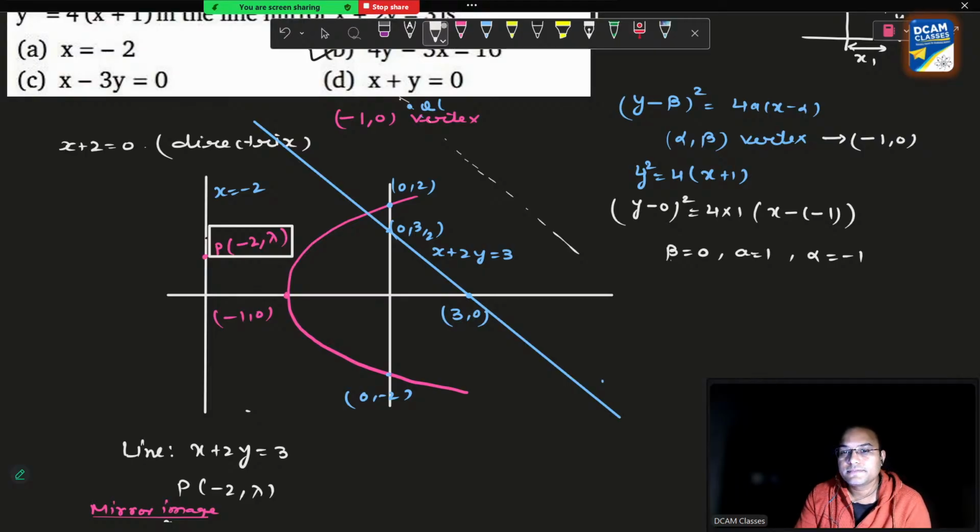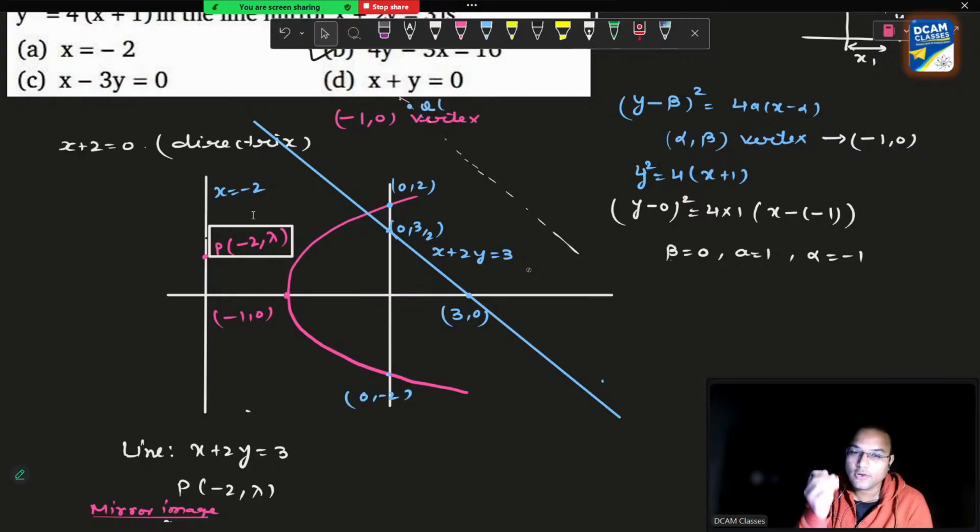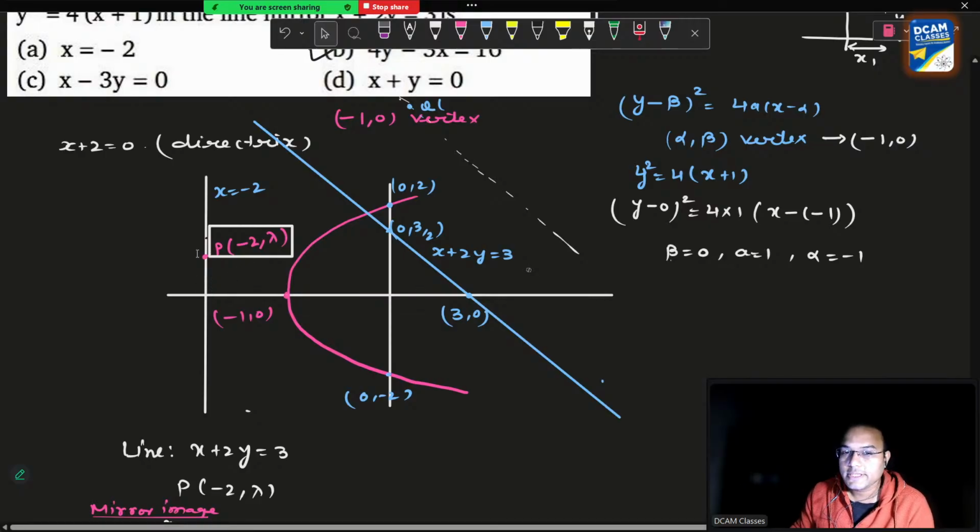What I have done, I have assumed the point P. Why have I taken point P as such? Because point P is lying on the directrix, and the equation of the directrix is x is equal to -2. So whatever the point on the directrix, its x coordinate is always -2.